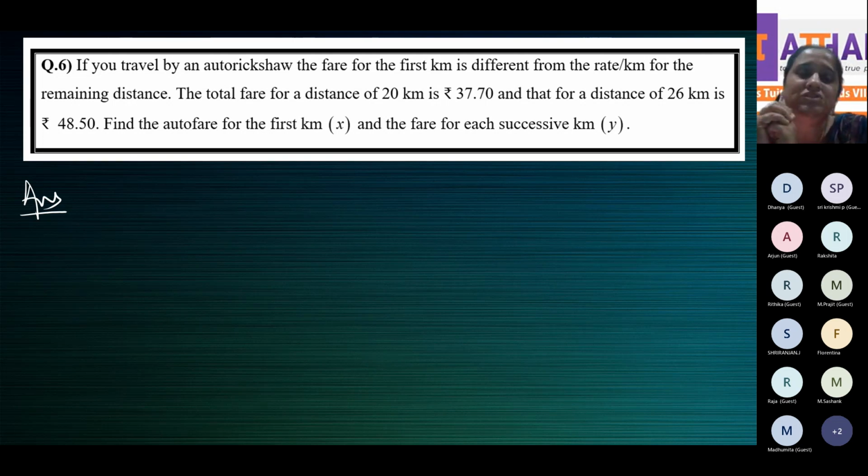Tell me the equations, children. Dilipan, try the equations.